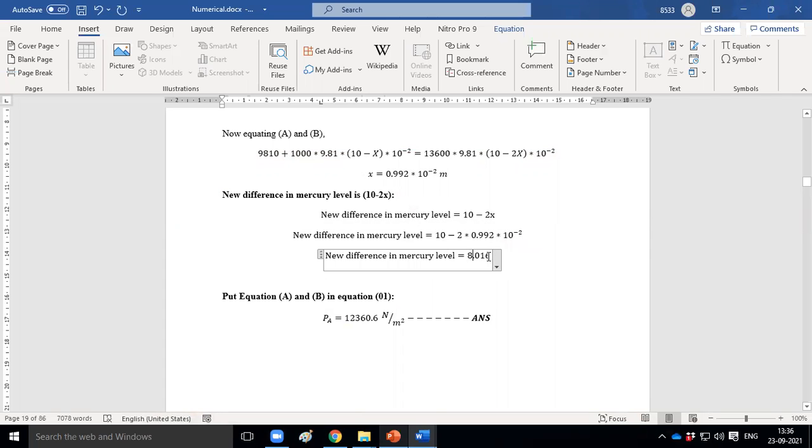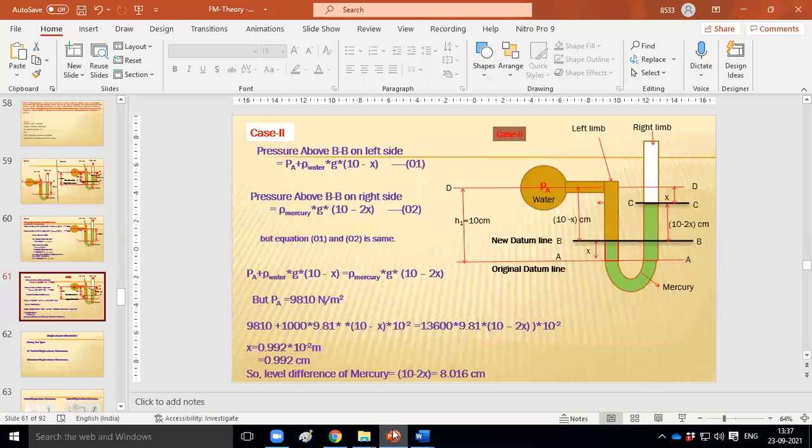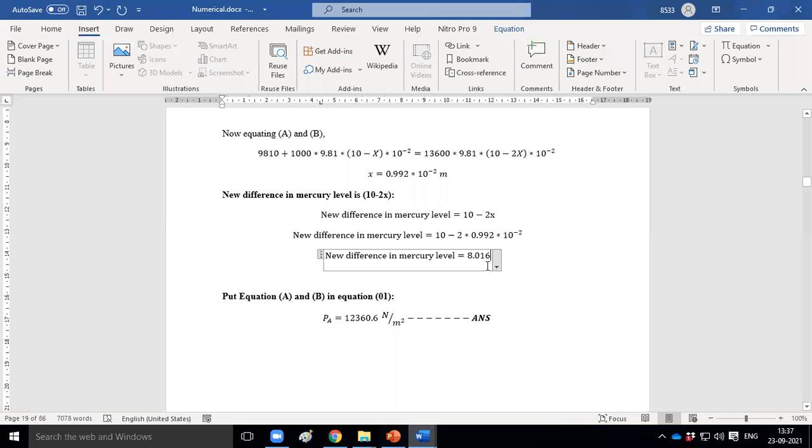So ultimately this value will be in meter. Its value will be 8.016, again multiplied by 10 to the power minus 2, which we keep as it is for the conversion.